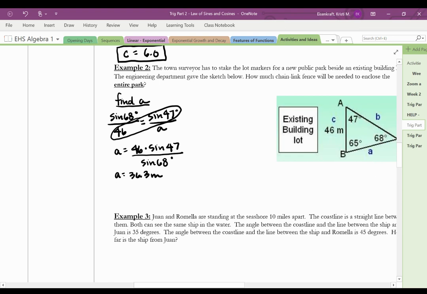Okay, now I'm going to go ahead and erase this. Now that I've found A, I need to find B. Again, I'm going to use this one because I didn't round it, as my known sine proportion, my known ratio.